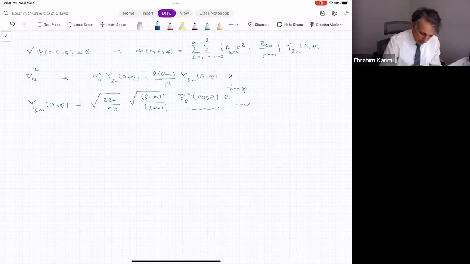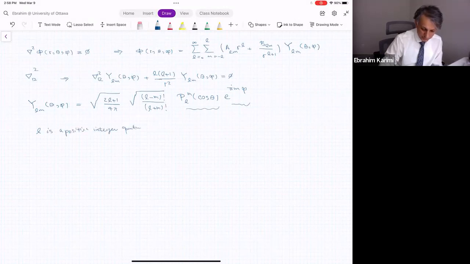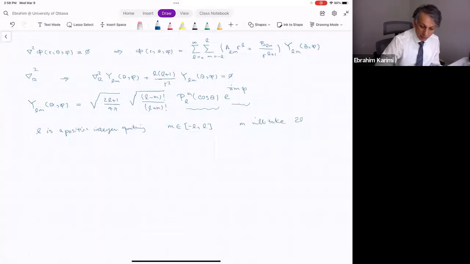And remember that, based on the same discussion that we had, when you define L, which is a positive integer quantity, M is bounded from -L to L. So essentially, M will take one of 2L plus 1 values.